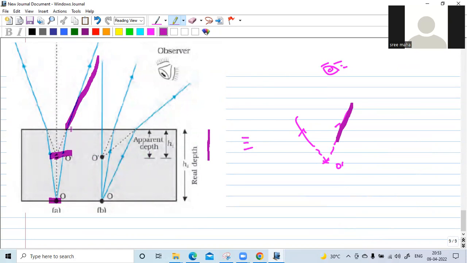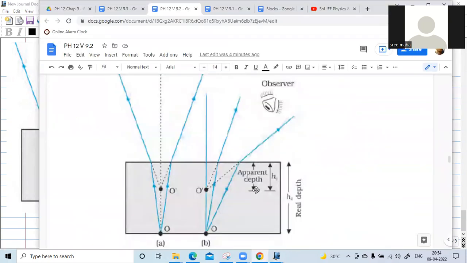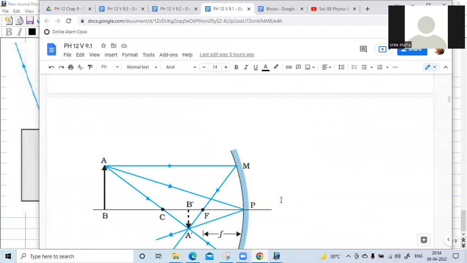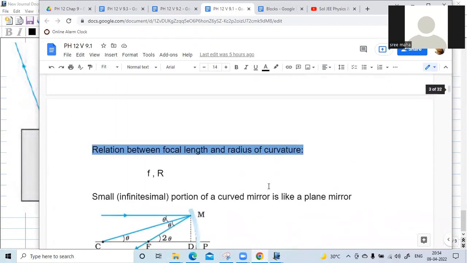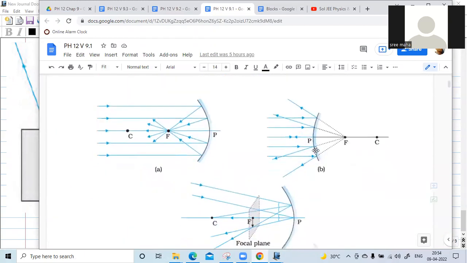But since I will not sense that it's getting bent, I assume that's it. The eye is under the illusion that the light is coming from here. Got it? Yes, sir. The same thing happens for this first case of this convex mirror.